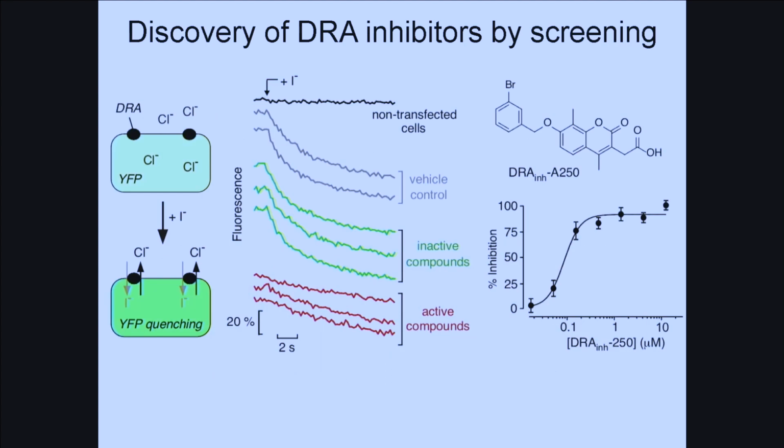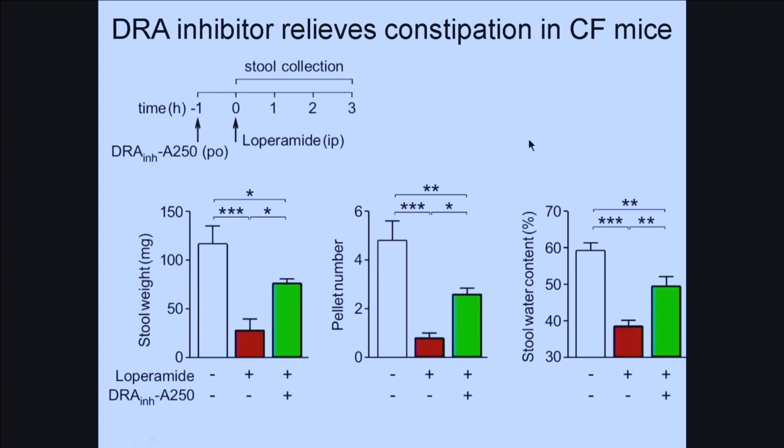So to make a long story short, we developed and carried out a high-throughput screen, did medicinal chemistry, optimized a compound, found it had low nanomolar potency for inhibition of DRA-mediated chloride-bicarbonate exchange, and showed that it worked in a CF mouse model of constipation, shown by the green bars. This is a constipation model produced by Imodium, loperamide, an opioid, which greatly decreases stool weight, pellet number, and stool water content, and this was partly normalized by our compound.